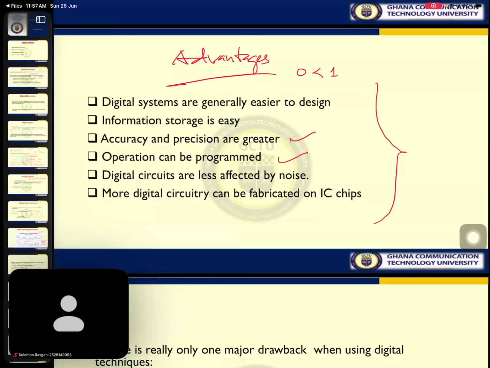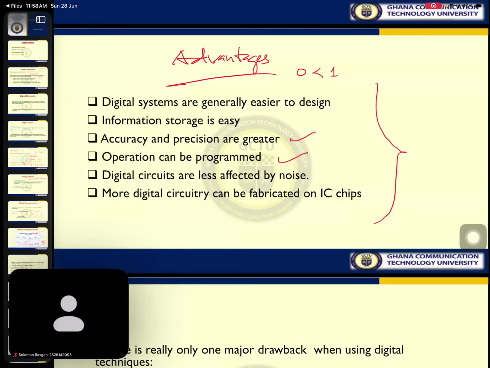The next one is that operations can be programmed. A digital system can be programmed. It means that the same hardware can perform different tasks depending on the software being used. Let's come to a practical example.